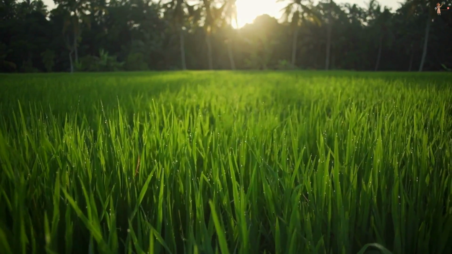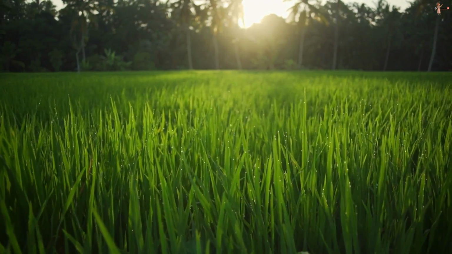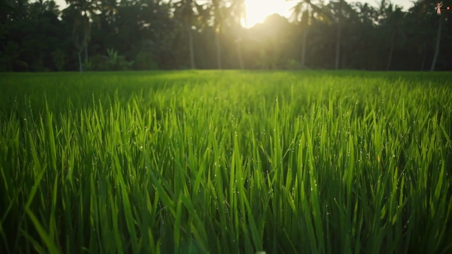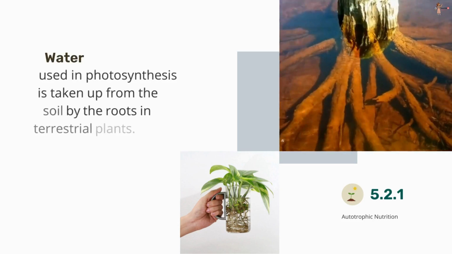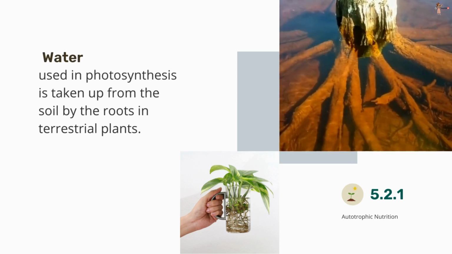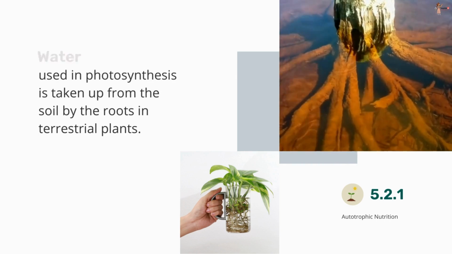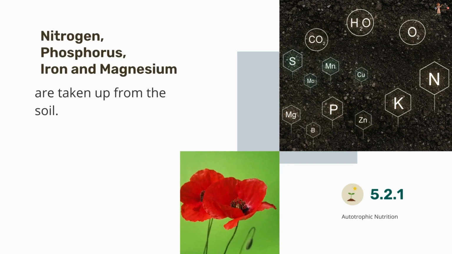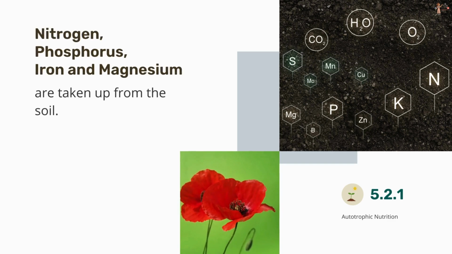Well, so far we have talked about how autotrophs meet their energy requirements, but they also need other raw materials for building their body. Water used in photosynthesis is taken up from the soil by the roots in terrestrial plants. Other materials like nitrogen, phosphorus, iron, and magnesium are taken up from the soil.